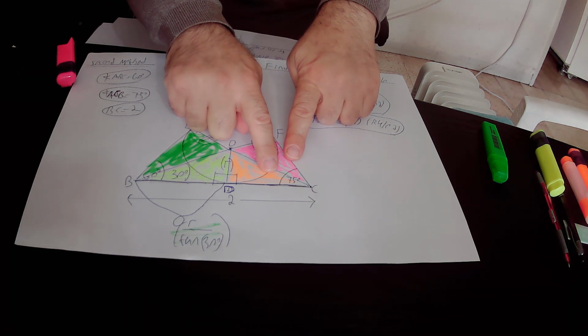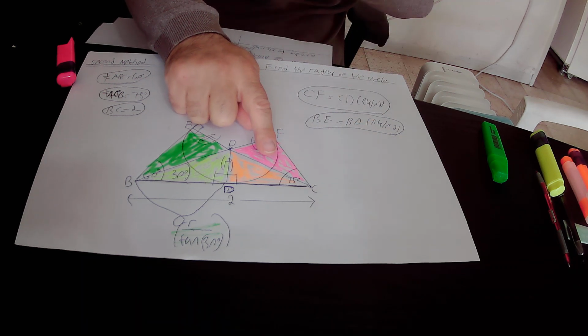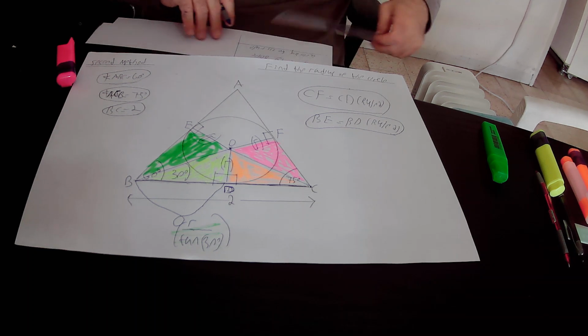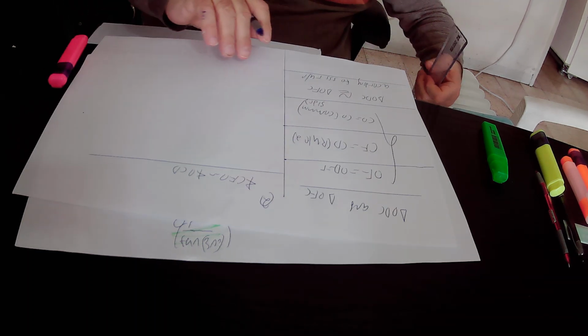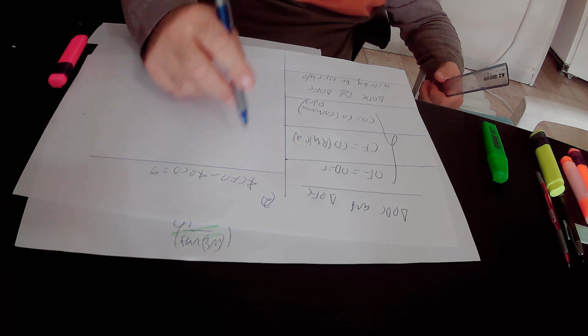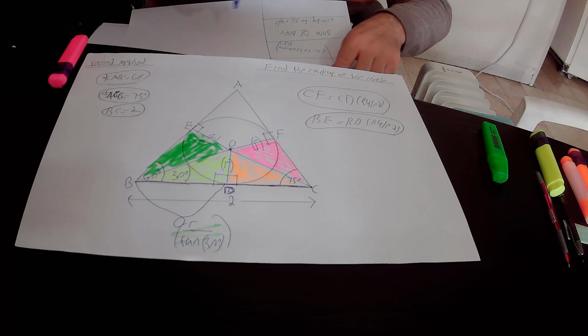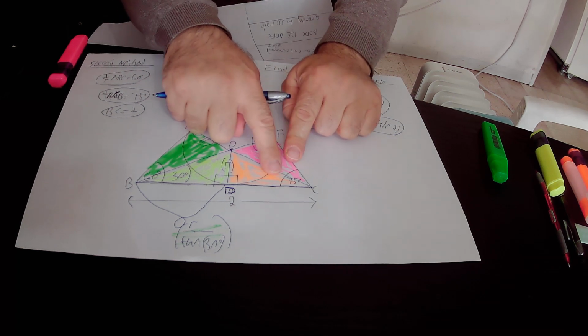So actually, if we define one of those angles as alpha, then the other angle must also be equal to alpha because they are equal to each other. If angle OCD equals alpha, then the other angle CFO must also be equal to alpha. So alpha plus alpha, in total, is equal to 75 degrees.